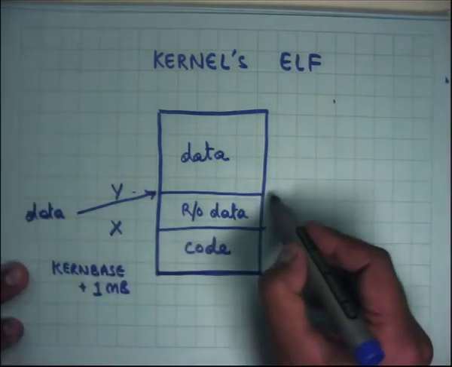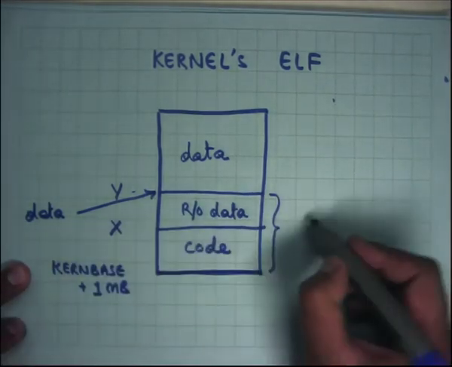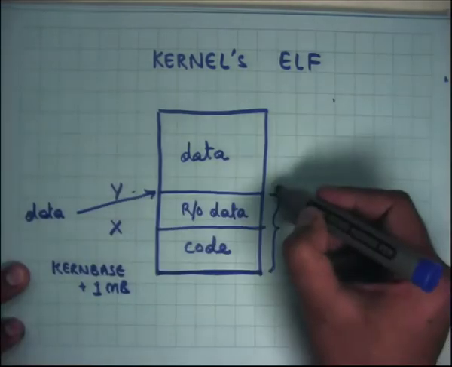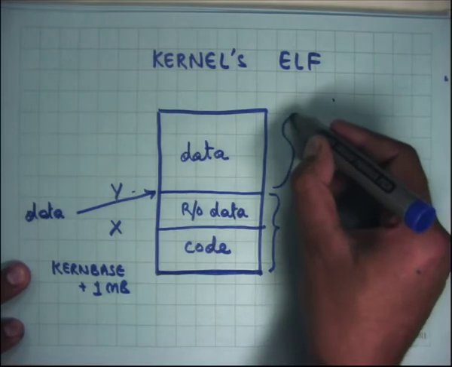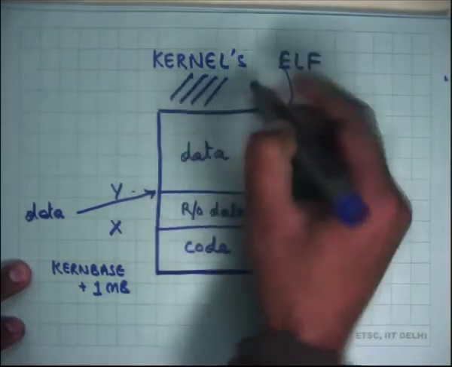So what the loader is going to do is consider this as one segment and map it with read only permissions. And it's going to map this and everything above it. Above it is basically heap.